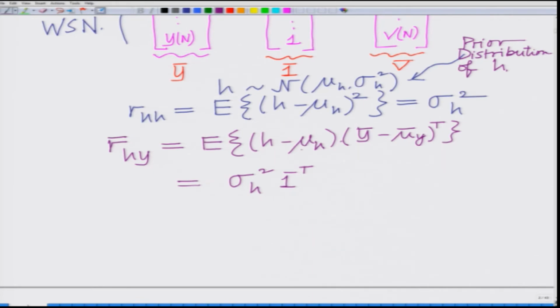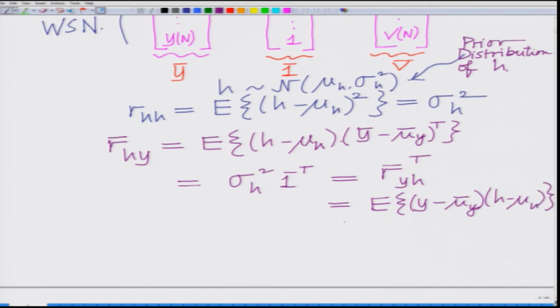This r h y is the expected value of h minus mu h into y bar minus mu y bar, this is sigma h square into 1 bar transpose, and you can also see this is r bar y h transpose, because r bar y h is the expected value of y bar minus mu bar y into h minus mu h. Okay.